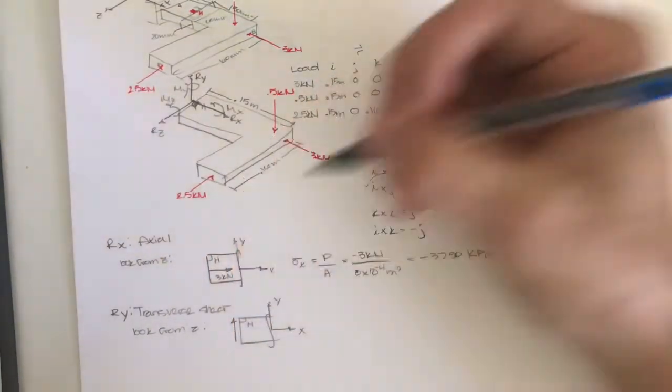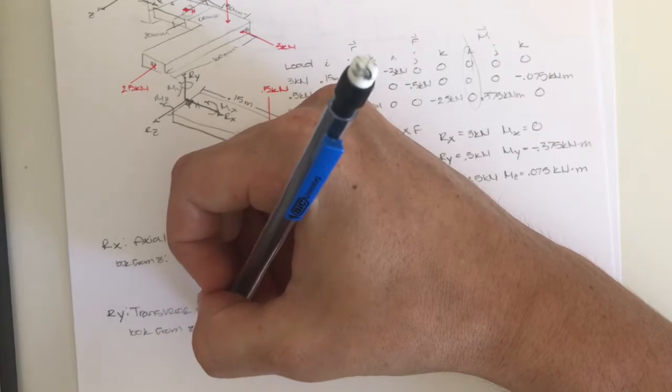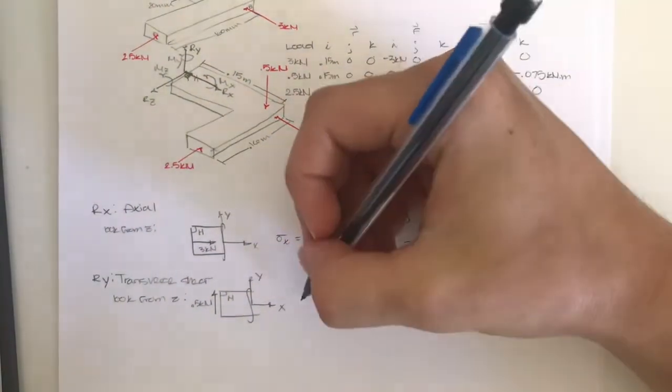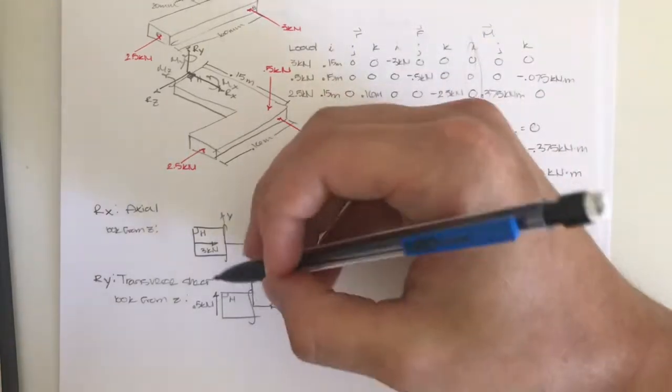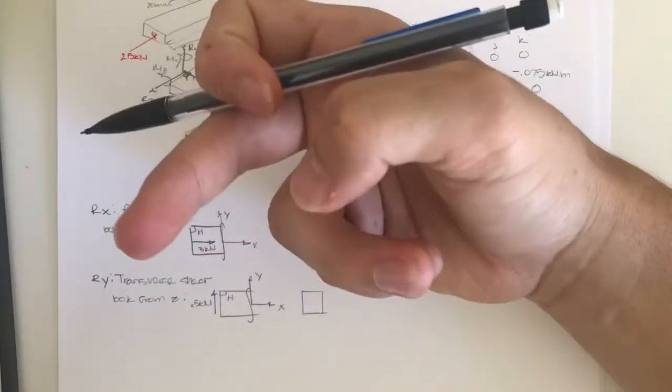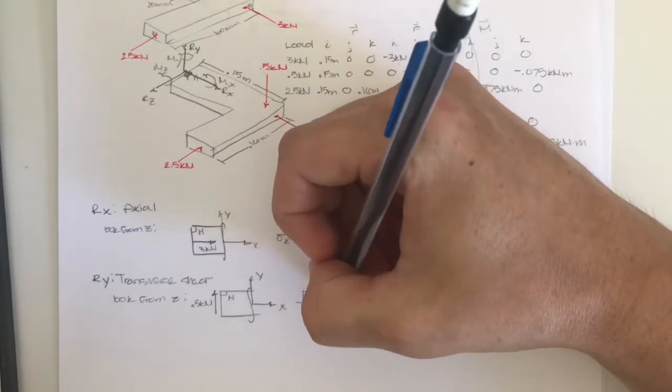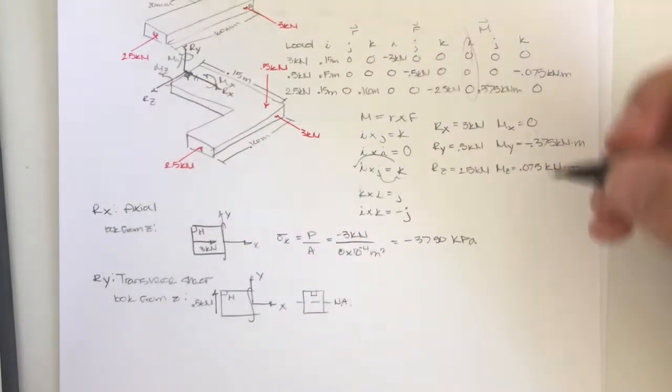So that's going to be up here, 0.5 kilonewtons. Okay, so we need to look at this end view. So we're going to flip this way like this. So H is going to be up here.